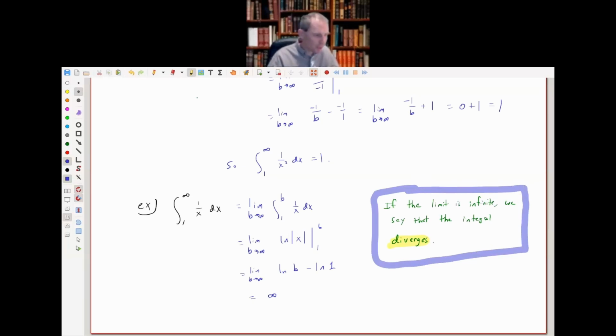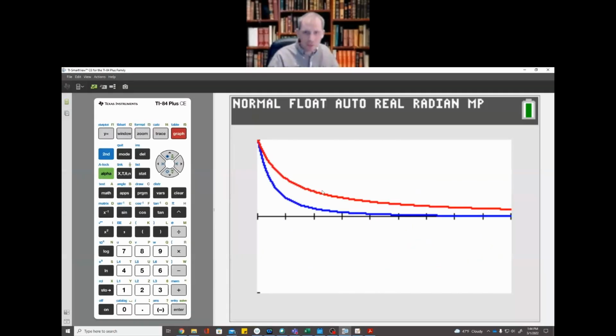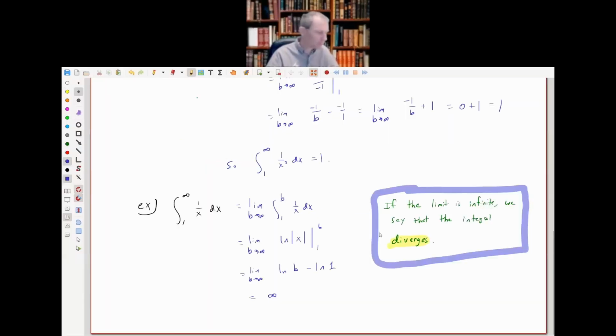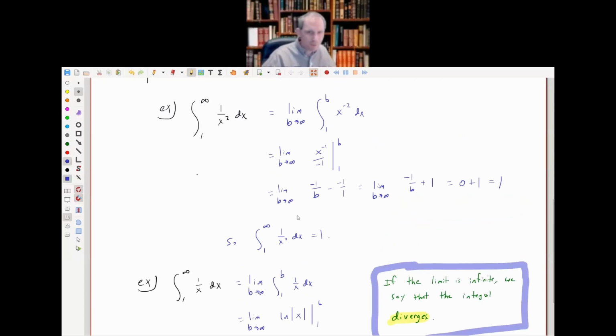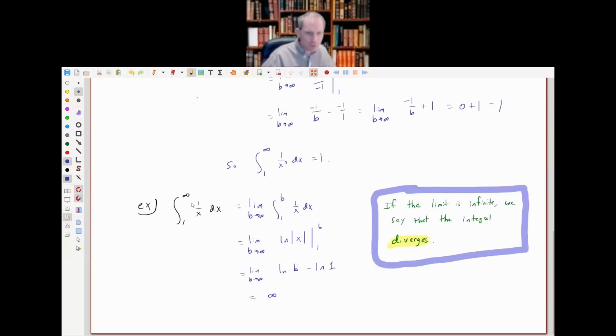It turns out that that little bit of extra height is enough to make the area essentially infinite, whereas this one that comes down and hits close to the axis, I'm adding up much smaller pieces, and the amount that I'm adding up becomes small enough, quickly enough, that it doesn't matter. We'll talk about adding stuff up in the next chapter, but for right now, we can say that that amount of area is going to be finite for the 1 over x squared function, but since it goes to infinity for the 1 over x function, it diverges.